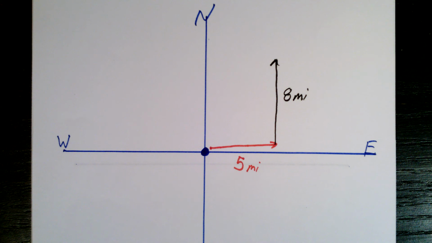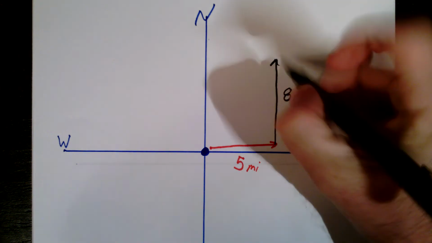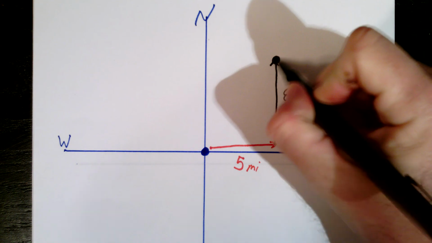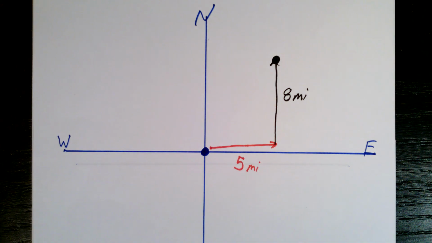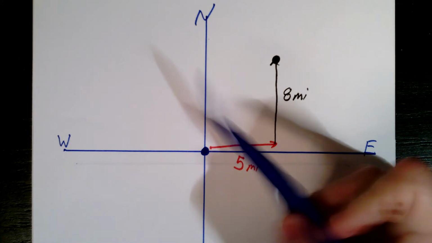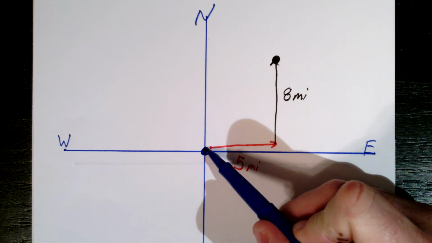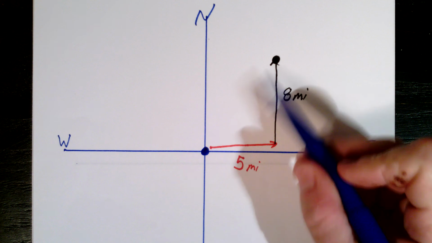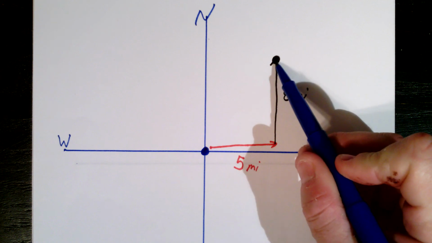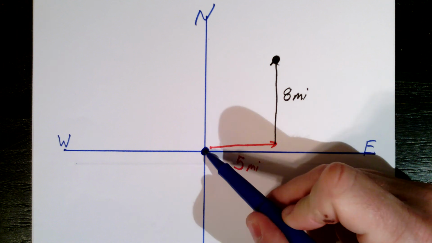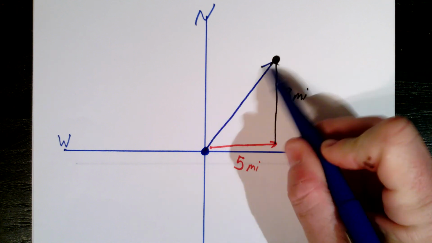For now, we just have to understand the concept. I need you to understand the concept that you can have multiple vectors, and in the end, when we add them all up, we get some end result. And this can be any number of vectors. Start off going that way. Then maybe I turn around and go this direction.